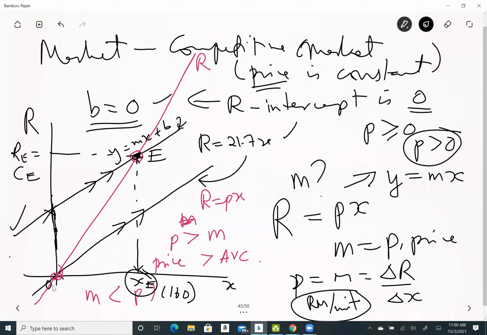Then we have to substitute again. Any question? Now just extend it a little bit. For X less than XE, take one value of X less than the break-even output.